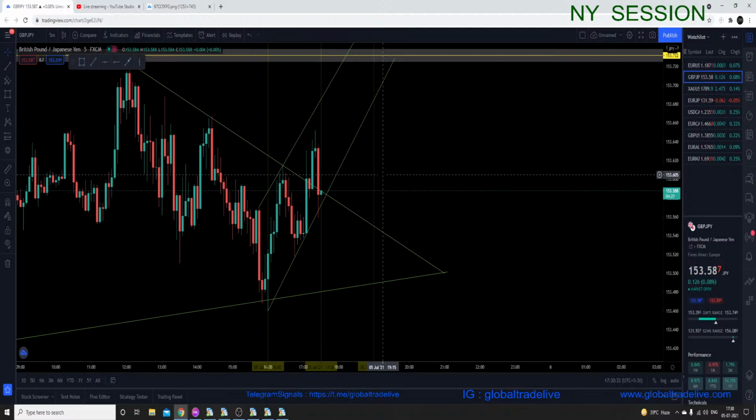So the 5-minute candle just closed under the trend line here.